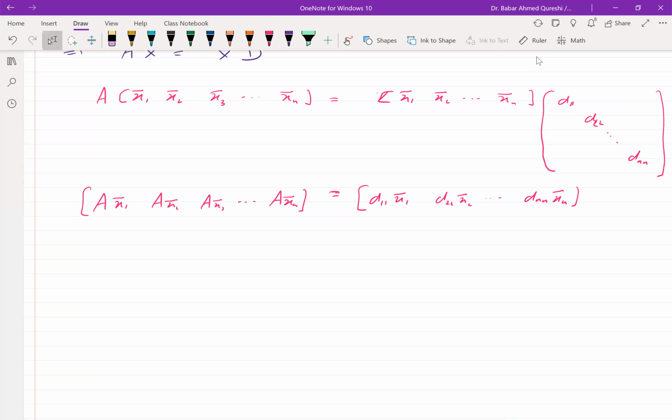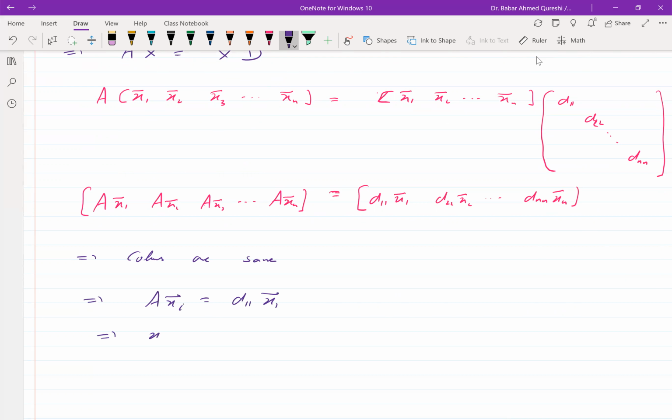Now, since these two matrices are equal, it implies the columns are the same. So that means for each of the columns of X, I get this equation.